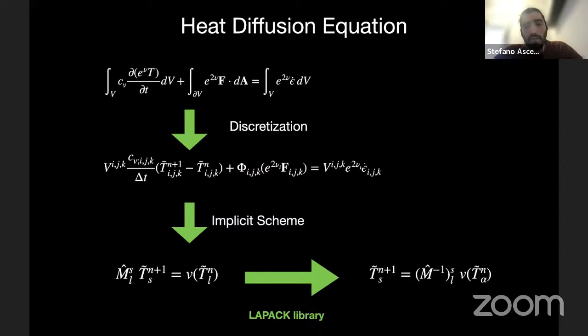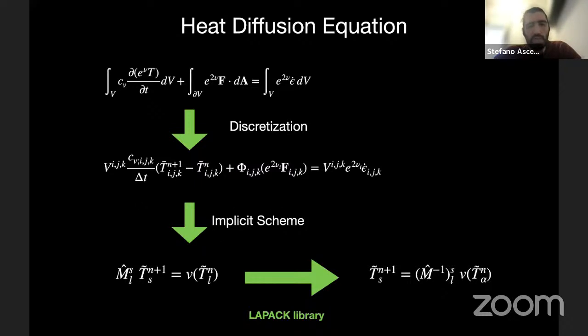We choose an implicit scheme because it is optimal to deal with stiff terms that are expected to appear in the source, namely the fact that the source has a very steep dependence on the temperature, especially the neutrino emissivity. For many processes, the neutrino emissivity scales as the power 8 or the power 6 of the temperature. So choosing an implicit scheme is an optimal solution.